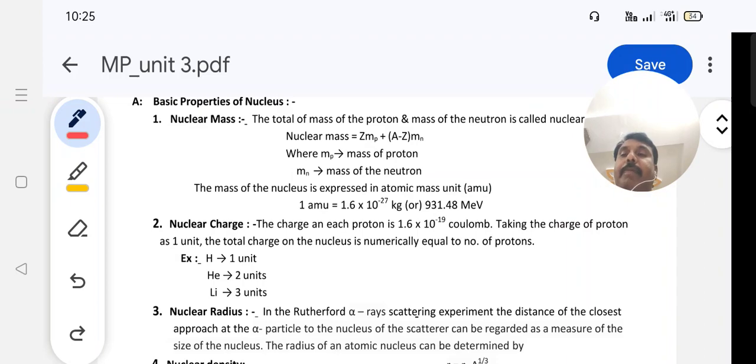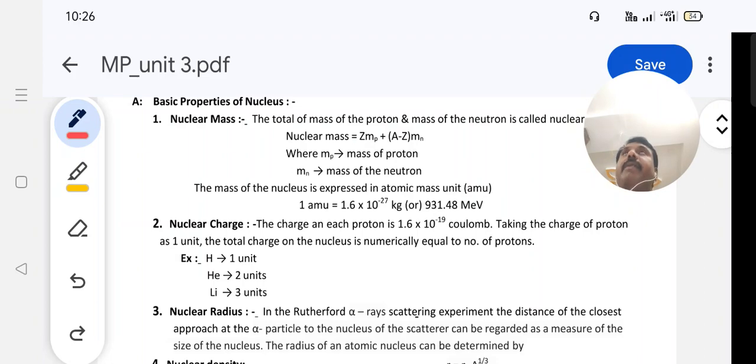Now the next property, that is nuclear charge. We know that all the positive charge resides inside the nucleus, and the charge on each proton is equivalent to the charge on an electron, but with a positive sign, that is, the charge on each proton will be plus 1.6 into 10 power minus 19 coulomb.